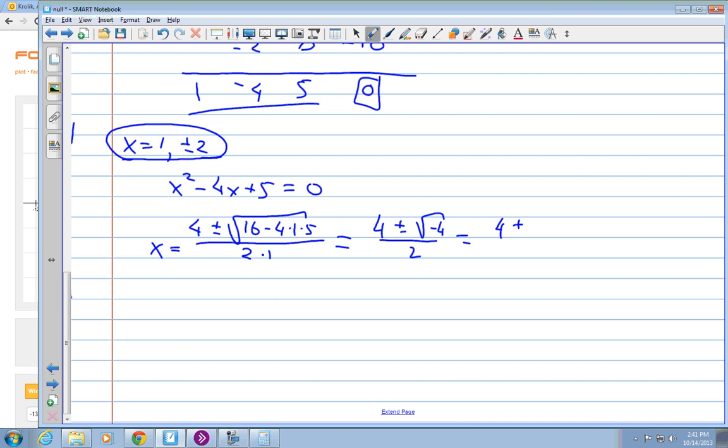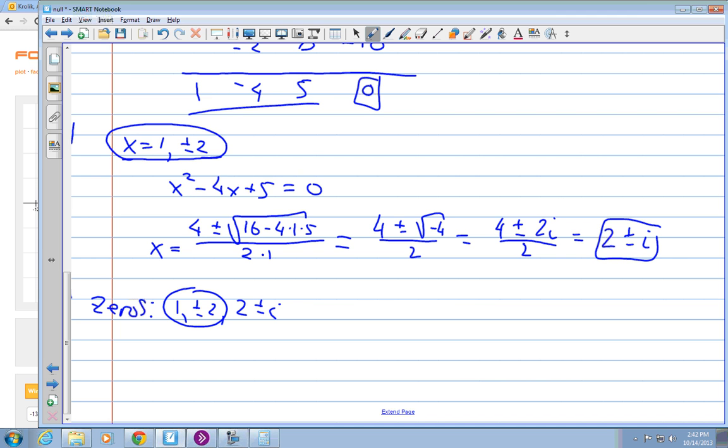So this is 4 plus or minus 2i over 2. So these are 2 more. Okay? So all the zeros are 1, plus or minus 2, and 2 plus or minus i. So here's the case where 3 of the zeros were on the list and the other 2 weren't.